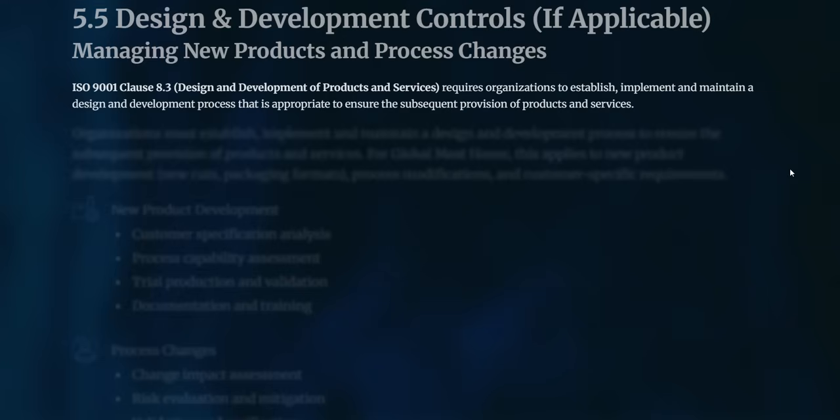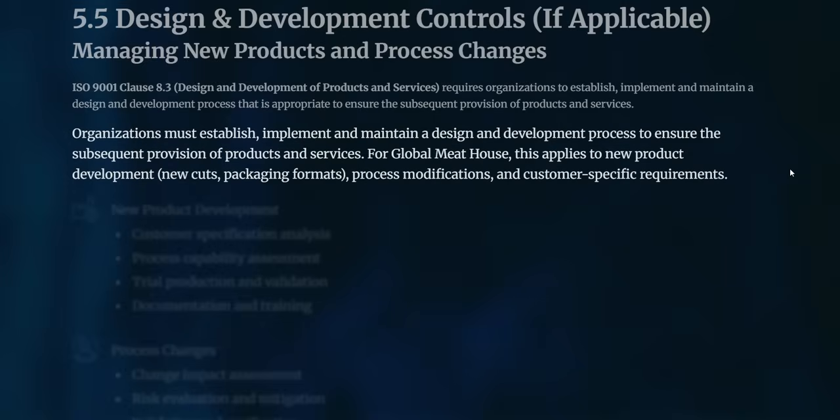ISO 9001 Clause 8.3, Design and Development of Products and Services, requires organizations to establish, implement, and maintain design and development processes that are appropriate to ensure the subsequent provision of products and services.